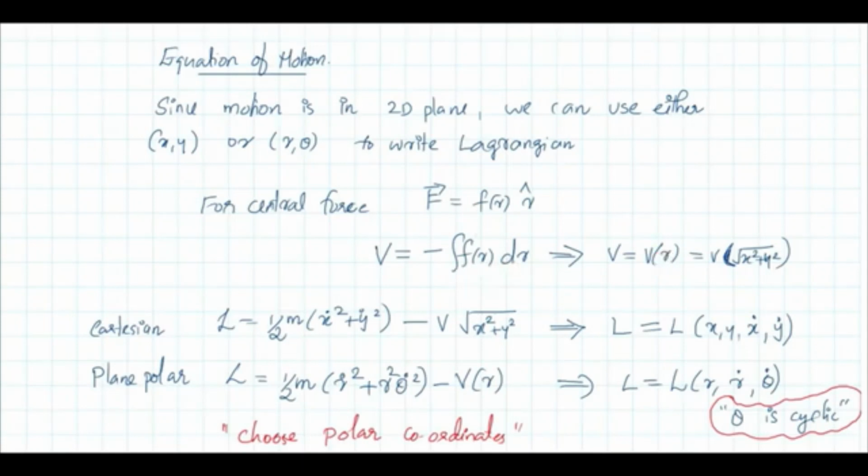And that radial coordinate, in terms of Cartesian coordinates, is square root of x square plus y square.